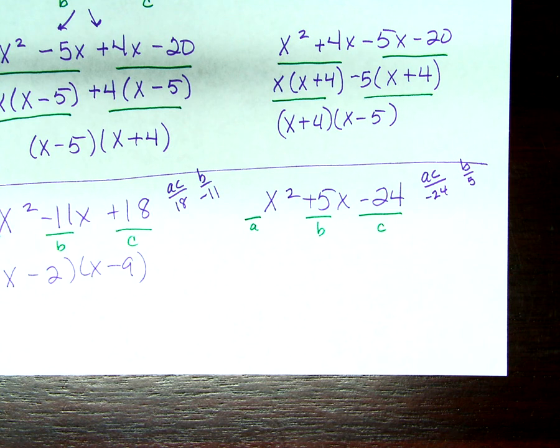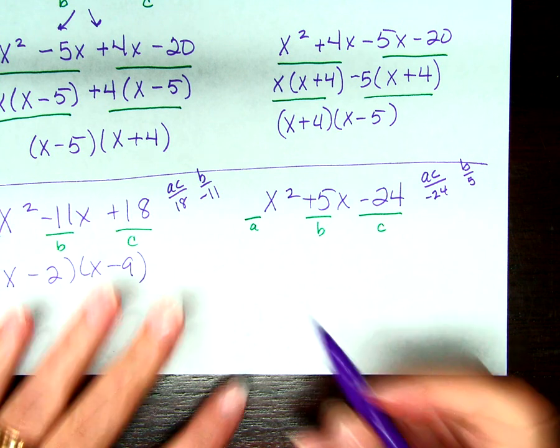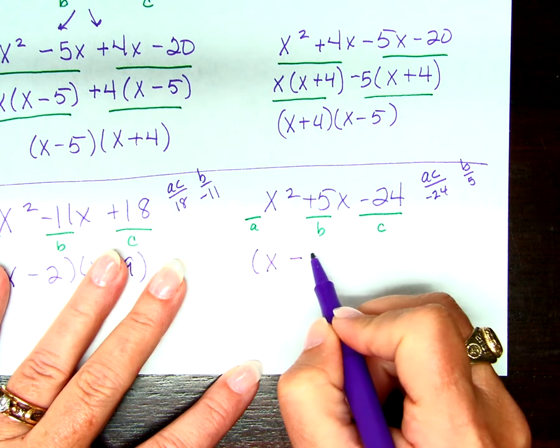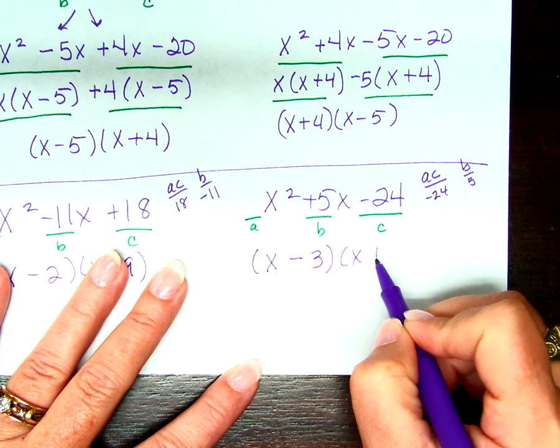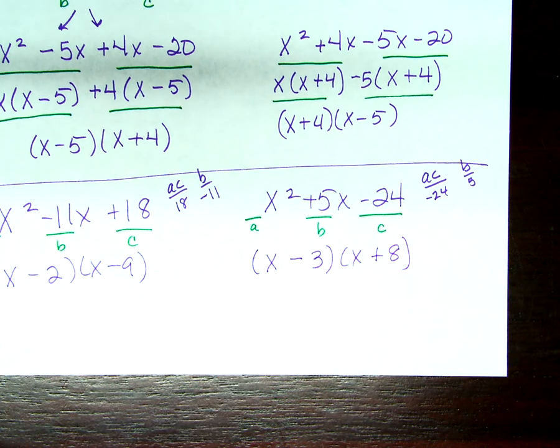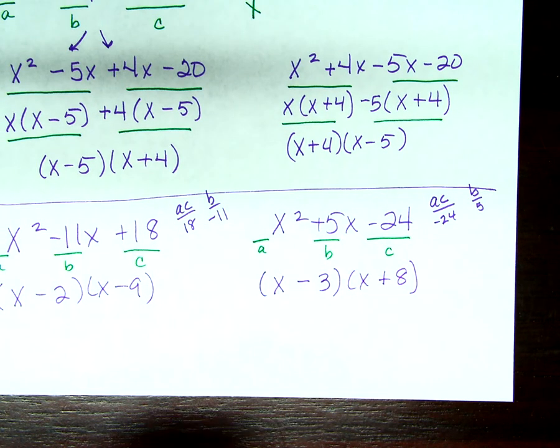What you got? Negative 3 and positive 8. You okay with those two numbers? X minus 3, x plus 8. Done. Do you need me to do some more? I can do some more. You got it? Okay. You're feeling confident?